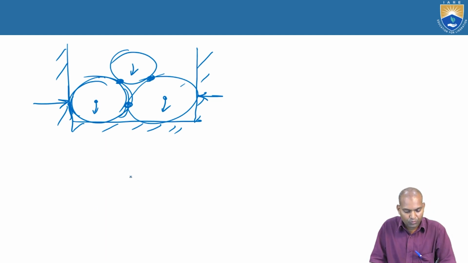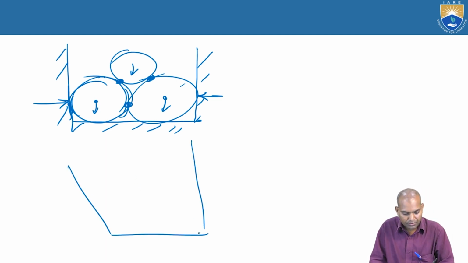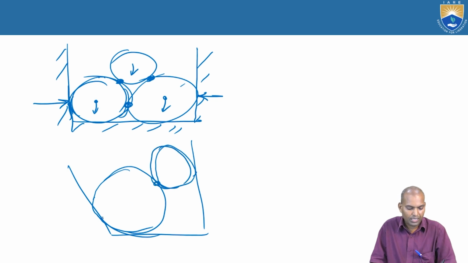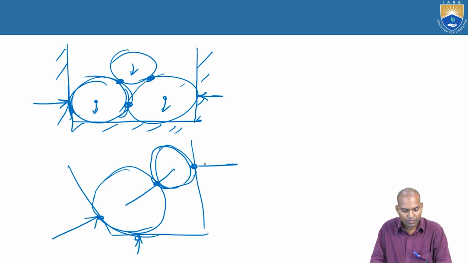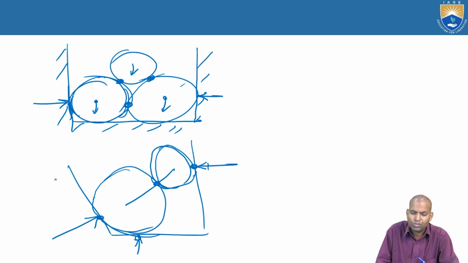This is one problem, and this is another problem. If you want to find the reactions at the points of contact, these are the reaction forces, and we have to use equilibrium conditions. Thus we can calculate the reactions. So these are the types of problems one can solve by using equilibrium conditions.